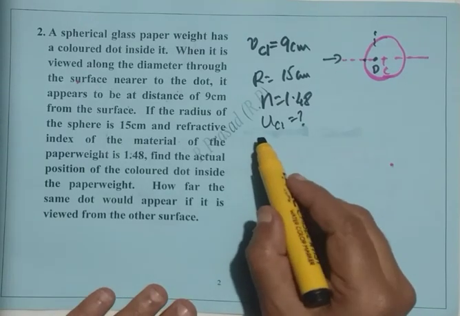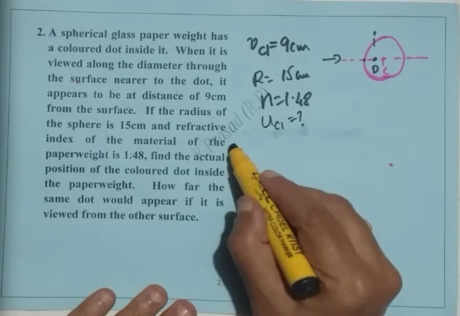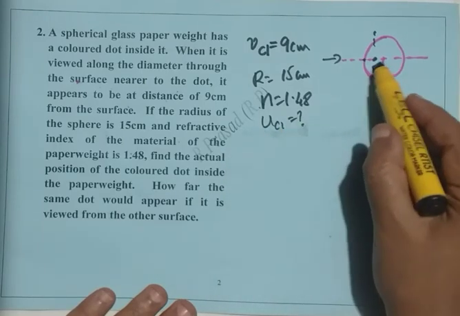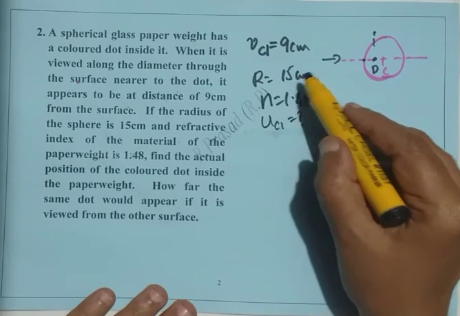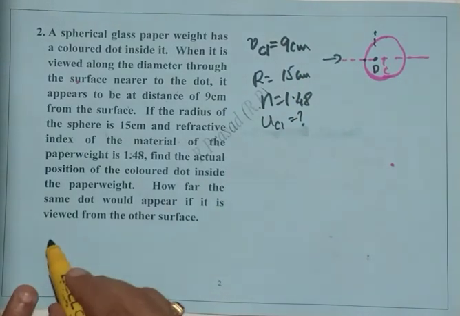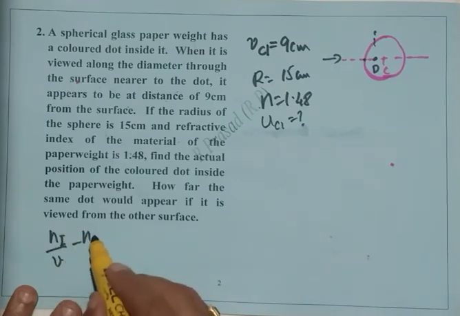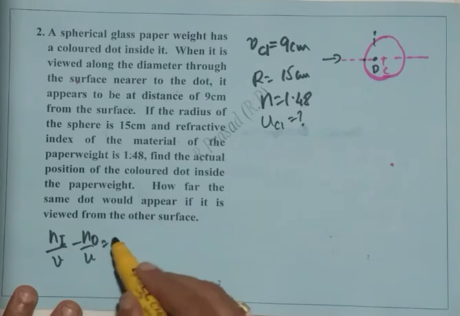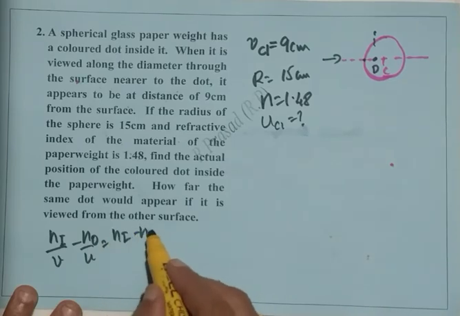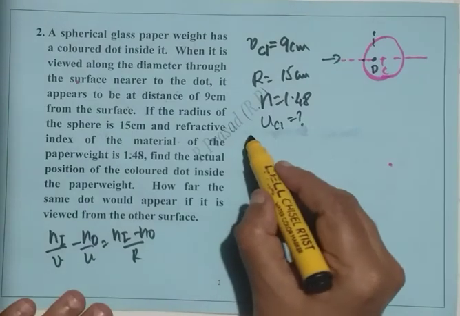Now we solve this first one. Just observe, we substitute in the formula. VC1 is positive, radius of curvature positive. So we write the formula here: Ni by V minus No by U equals Ni minus No by R. We substitute everything now.